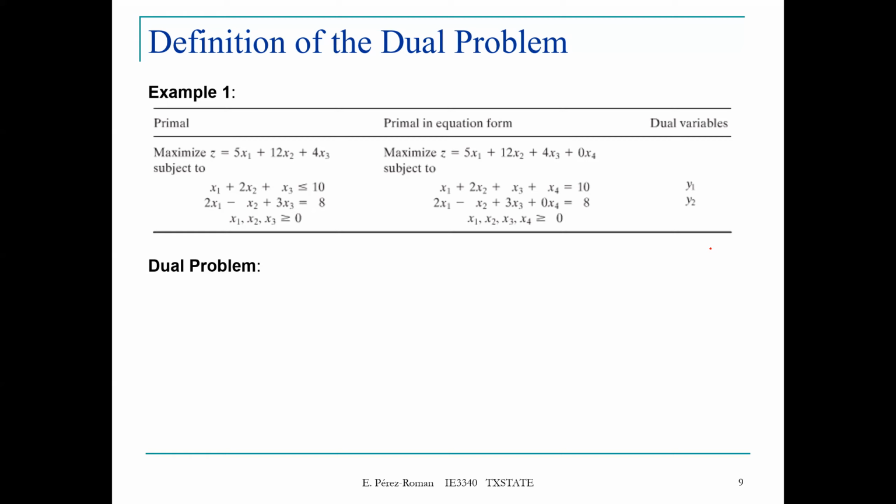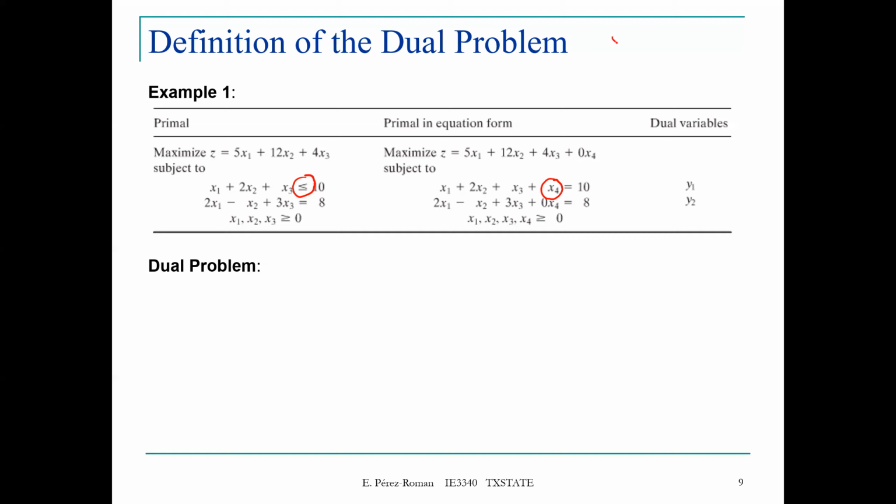So the first thing we have to do is to set up this problem into the standard form or the equality form. As you can see, we have an inequality here, so we need to make that an equality. What we do is we add an additional slack variable. In this case, instead of using s, I'm using x4 to make this an equality.